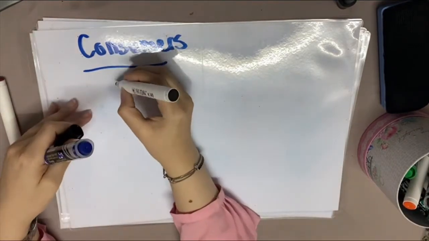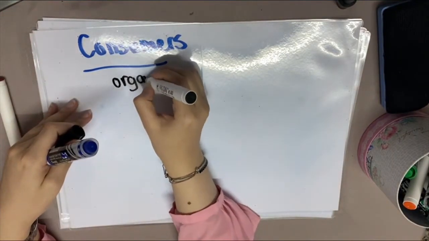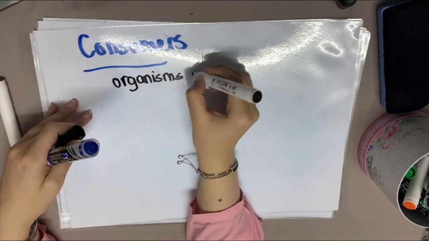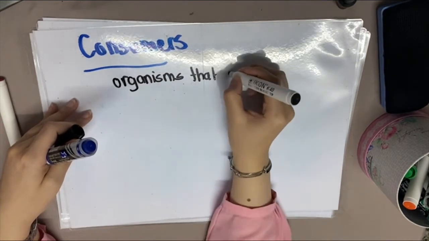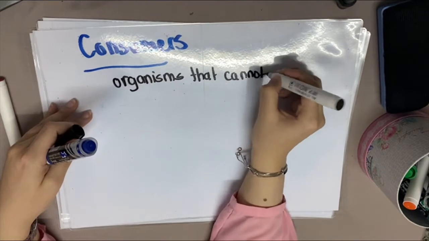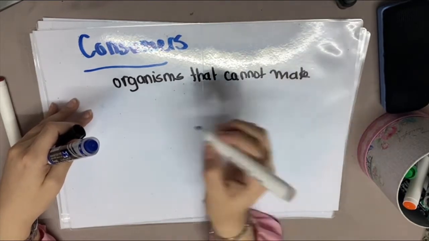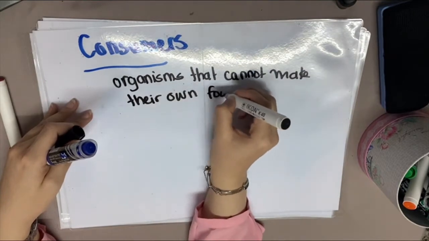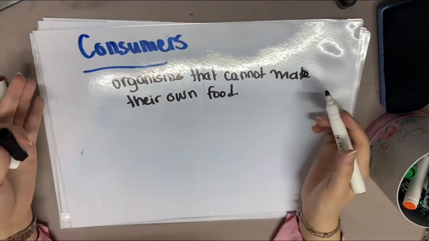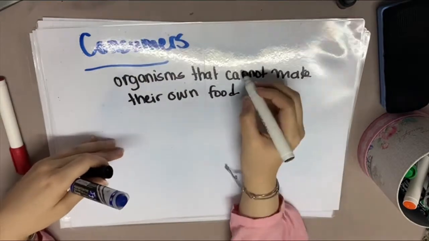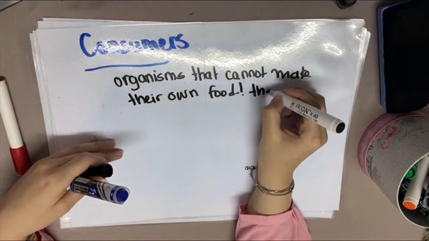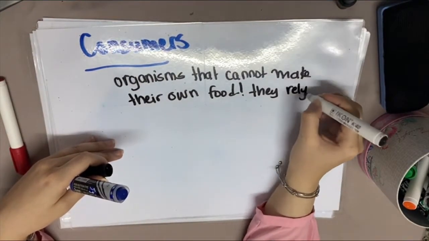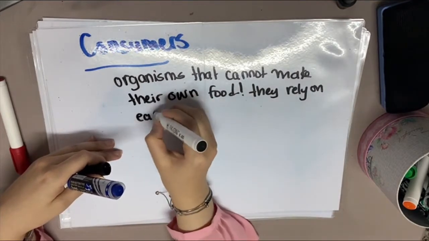Consumers are organisms that cannot make their own food. So, because consumers cannot make their own food, they eat other organisms to get energy.